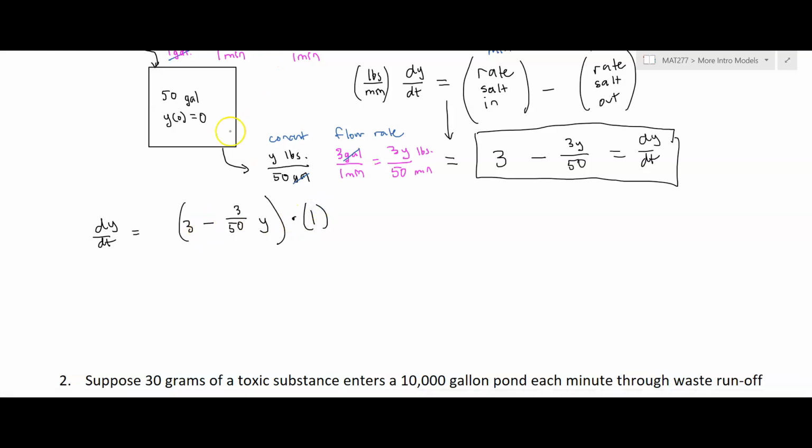So we can think of this as our h of y, and we can think of this as our g of t, and that means this is a separable differential equation, so we can divide both sides by 3 minus 3/50ths y, and that's times dy/dt equals 1.